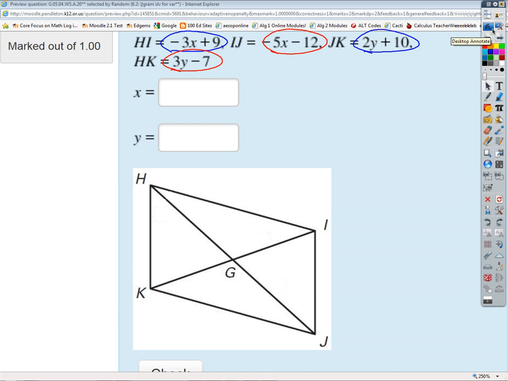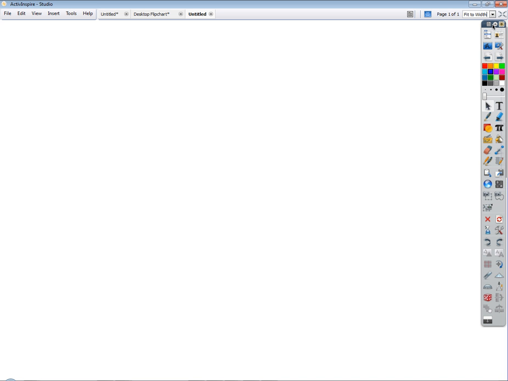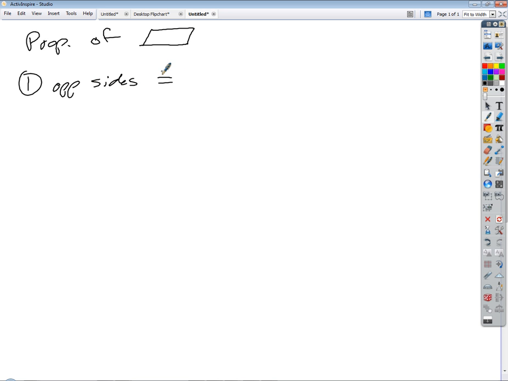So real quick, let's remind ourselves what we know for a parallelogram. What are the properties of parallelograms? We already said one. We know opposite sides are congruent. What's something else?